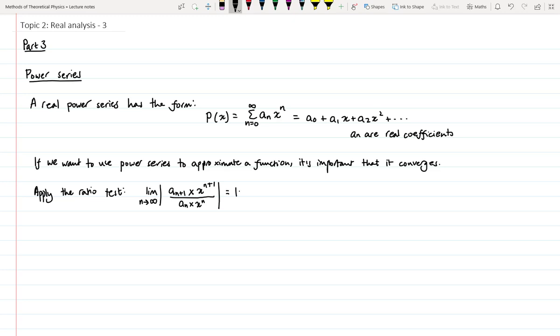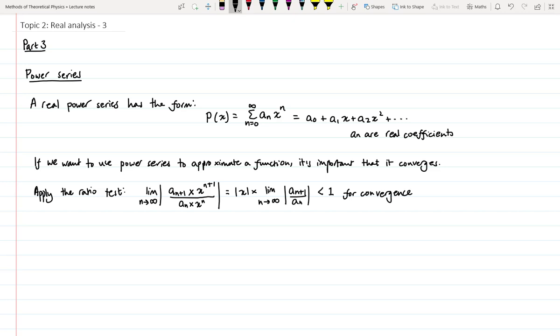We can take the absolute value of x out the front, and we have the limit as n tends to infinity of the ratio of these coefficients. Now, the ratio test tells us that this quantity must be less than 1 for the series to converge.